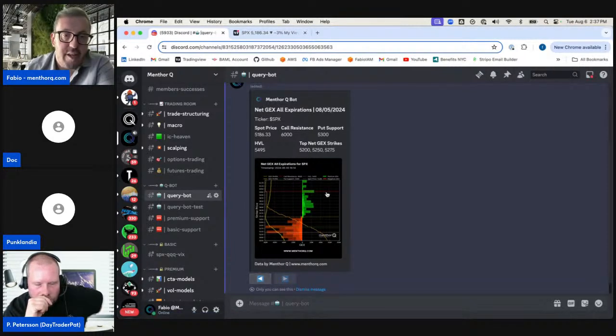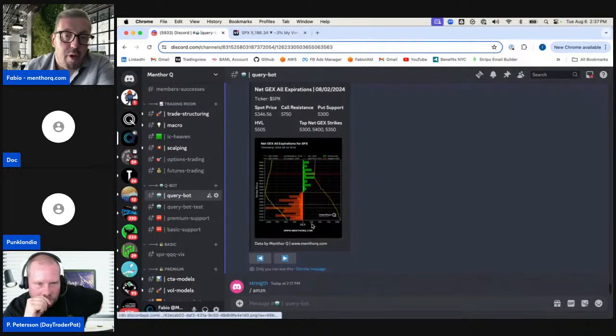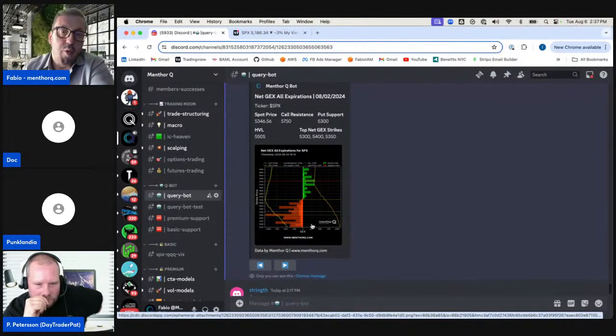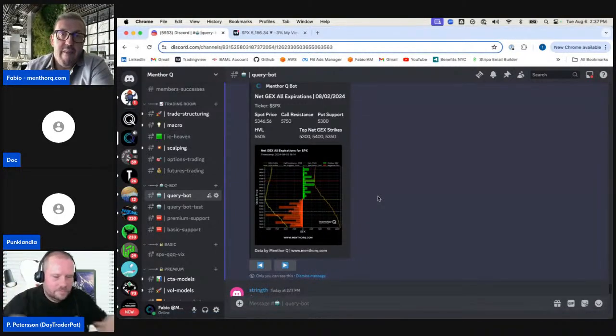As you can see, a lot of the cores were closed. We don't see a lot of green bars compared to the day before. So looking at that is very important, I think. That can give you an overall picture of what can happen. Obviously nobody can predict what will happen during the day, but those levels can act as a support tool for you guys.